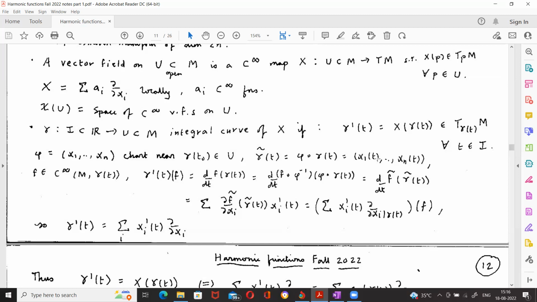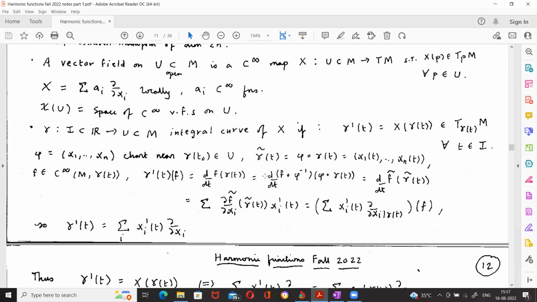Let's first work out what gamma prime of t is in terms of the basis del xi. If I take any function f, a germ of a smooth function near gamma of t, then by definition gamma prime of t acting on f is d/dt of f of gamma of t.